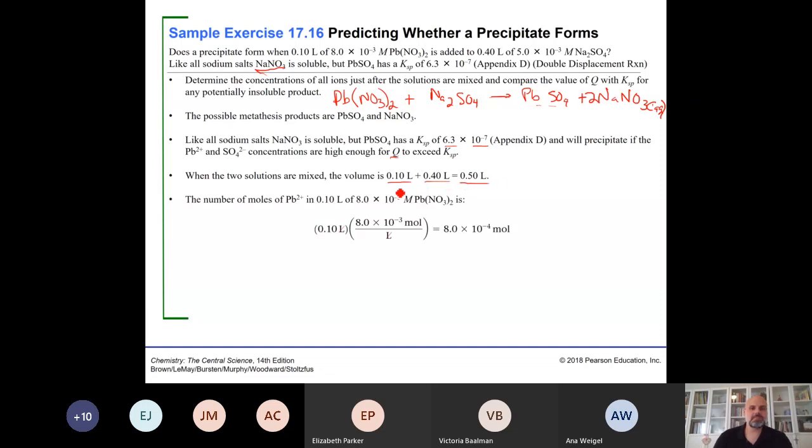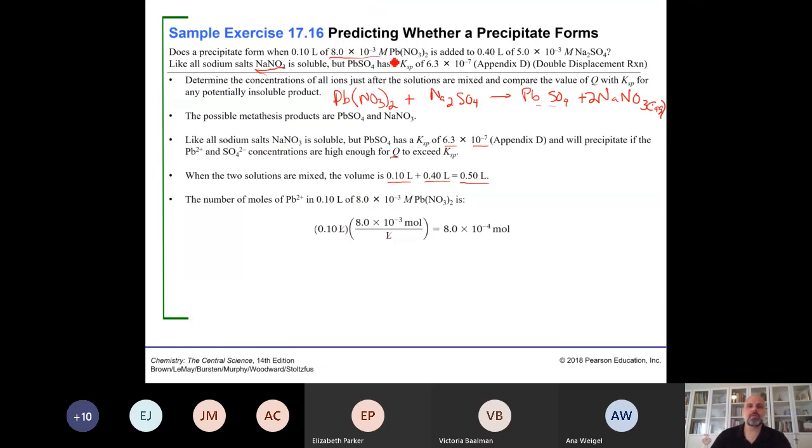The number of moles of lead ion comes from the 8.0 times 10 to the minus 3 molar lead nitrate up at the top.